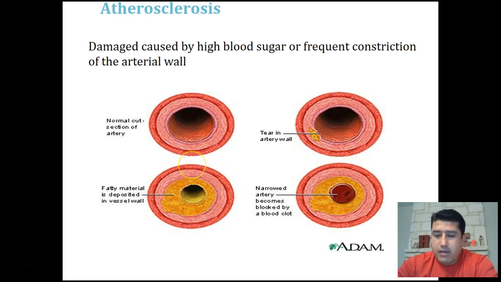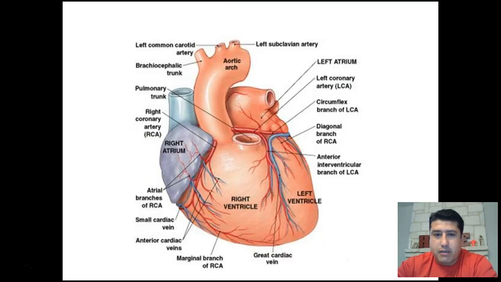The second procedure is known as a bypass, where they can get a piece of a vein from the leg, and they'll attach that piece to the aorta up around right here. And let's say this blockage occurs right here where it says anterior interventricular branch of the LCA.